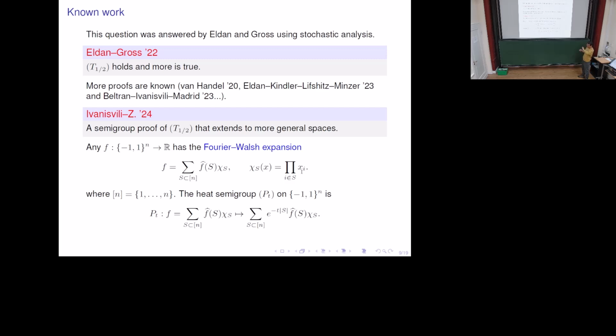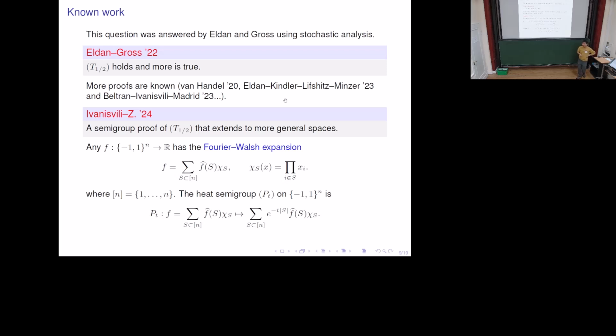Then this heat semigroup is defined as follows. It is a linear operator that takes each character chi-S to a multiple of itself, with the multiplication factor being e to the negative t times the cardinality of S. So this is the definition of the heat semigroup in the statement of the theorem here.